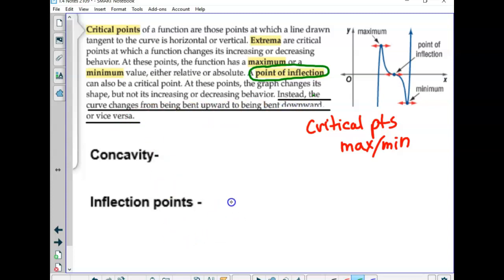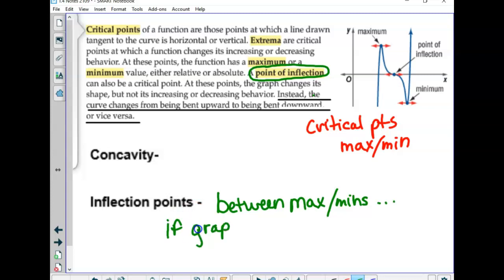Okay. Inflection points are between maxes and mins if the graph changes its bent. And that's called its concavity, and I will talk more about that in a second.